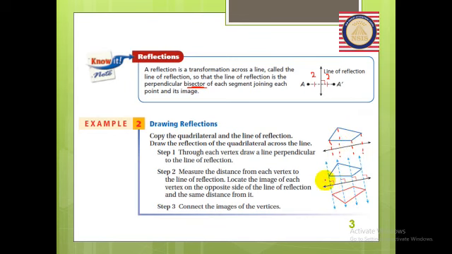And this part must be equal to that one. The distance from the point to the line of reflection equals the distance from the line of reflection to the image. So easy.